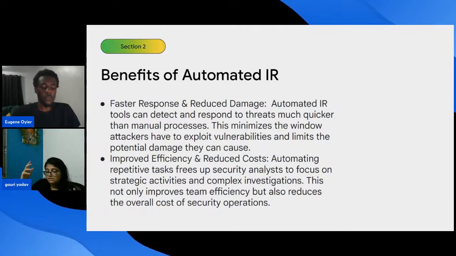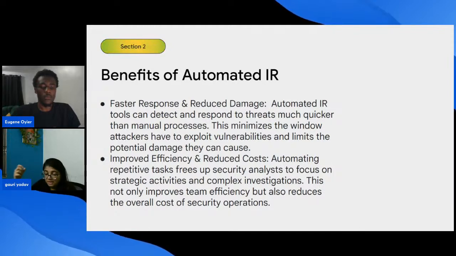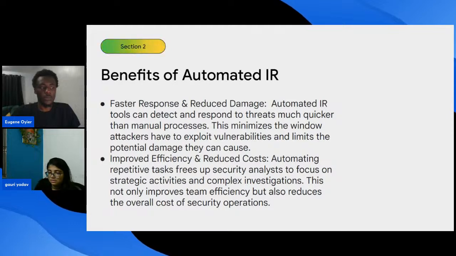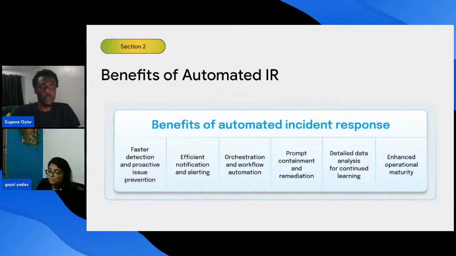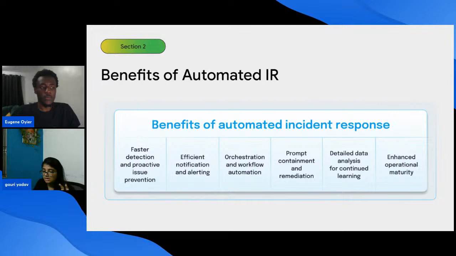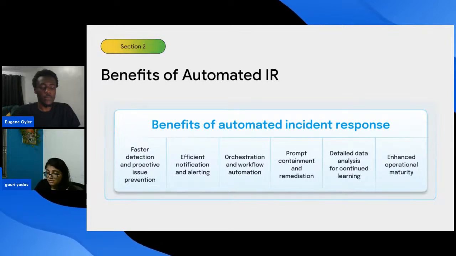For example, an e-commerce company reduced its incident response time from hours to minutes after implementing automated IR.